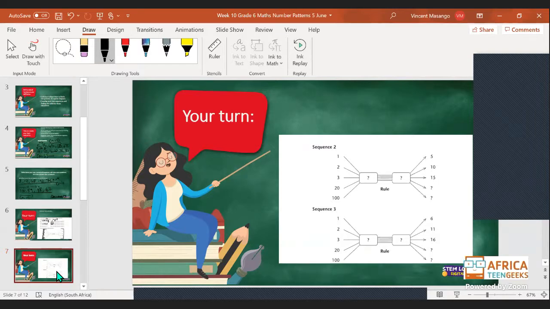Right, and then to check, obviously, if this one is correct, you need to use the second one as well. So use the same rule for the second one.